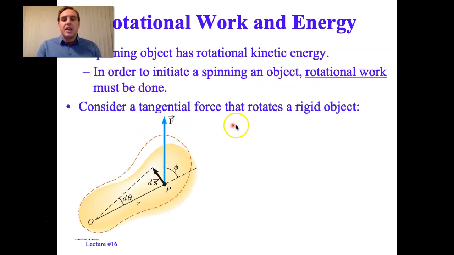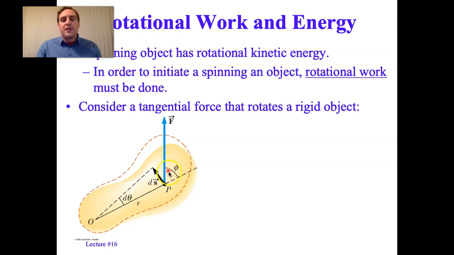So consider a tangential force that rotates a rigid object. Imagine that there's some radius to this point, and that there's some angle phi, which is an angle between the ds vector and the radius extended.